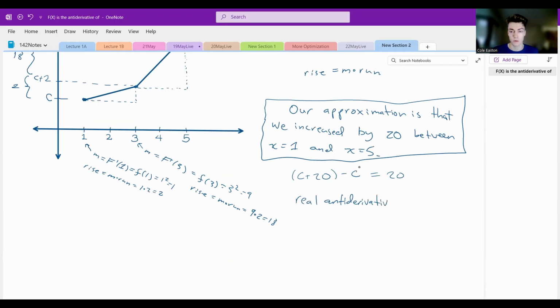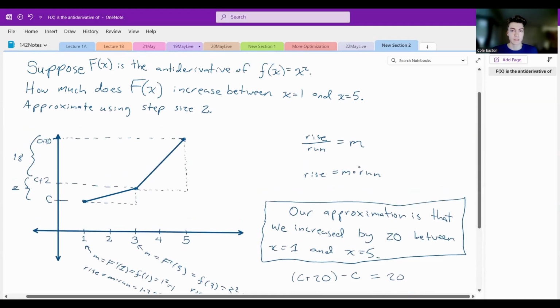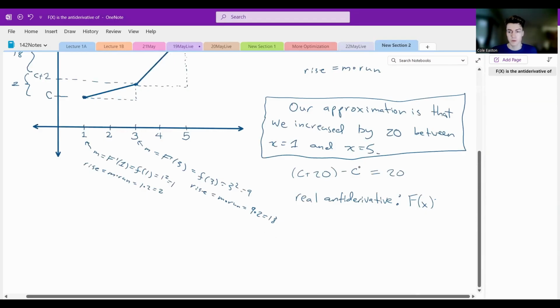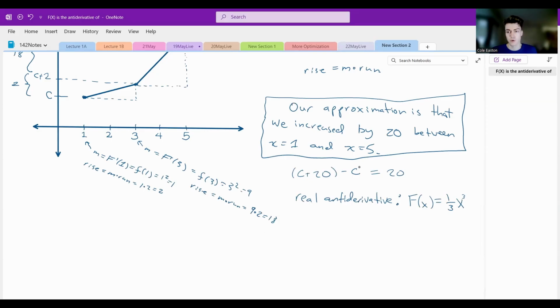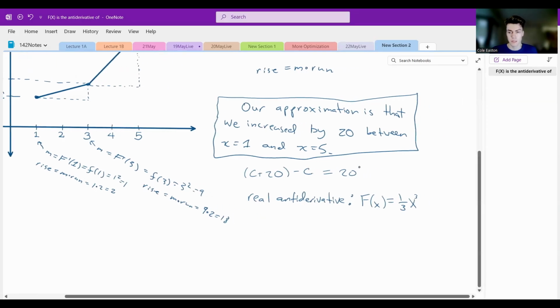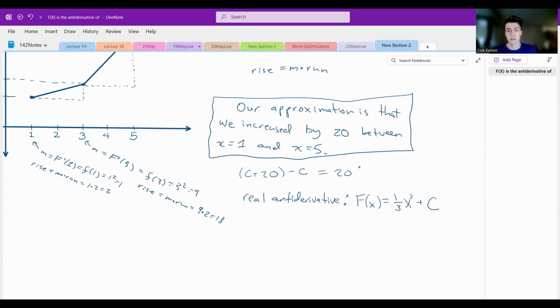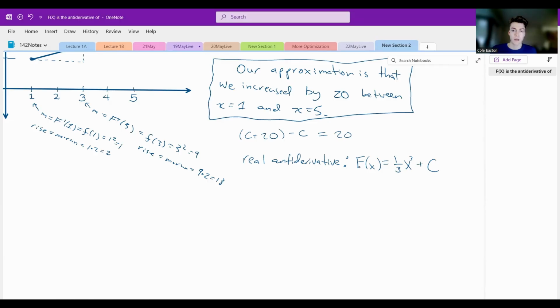Remember, we do know how to find the actual antiderivative of a power function using our reverse power rule. Since our derivative is x squared, then our original function must be 1/3 x cubed plus c. We don't know what that c might be because any derivative of this, regardless of c, is going to be x squared.